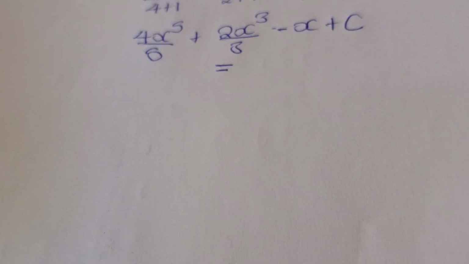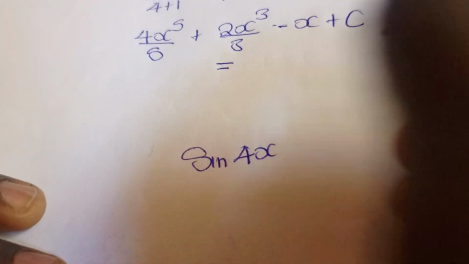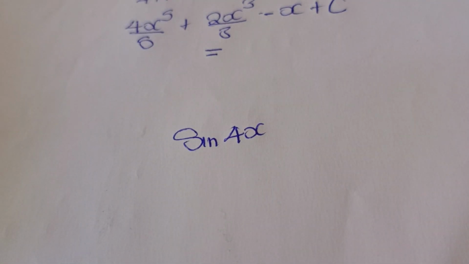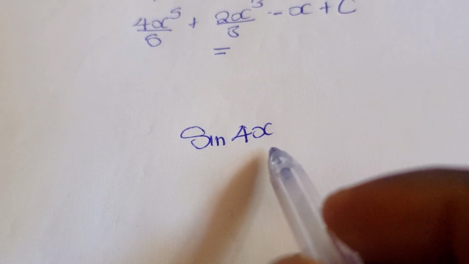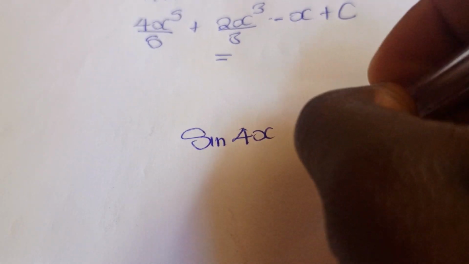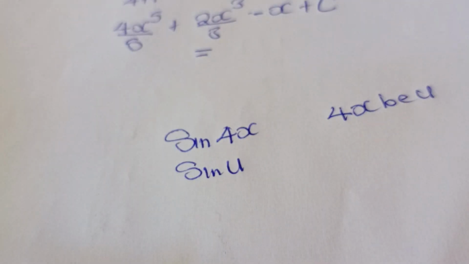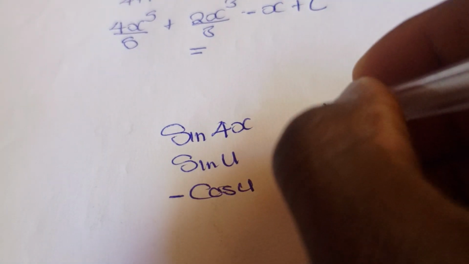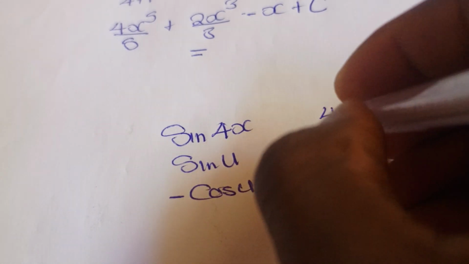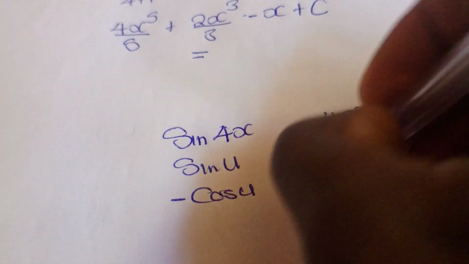Then we have the last one with us, which is sine 4x. How do you integrate this? You will get an arbitrary letter. You say let 4x be u, or any letter that you want. So we'll say sine u. Then we know the integral of sine u is what? Negative cos u. Then remember, what you do here, you differentiate. The derivative of 4x is what? 4.